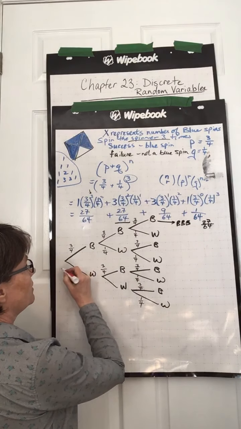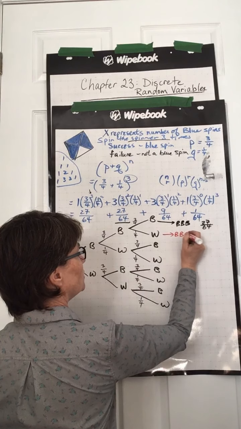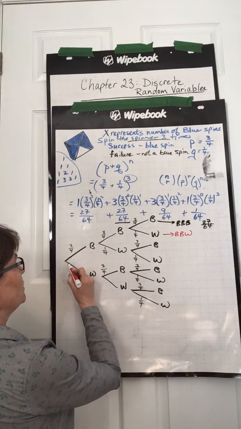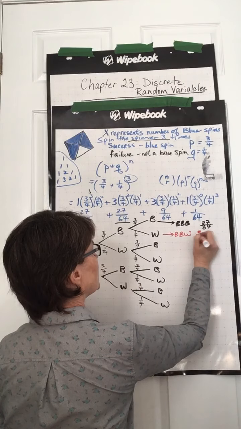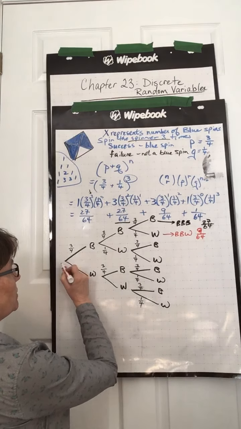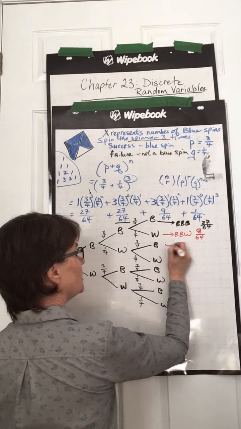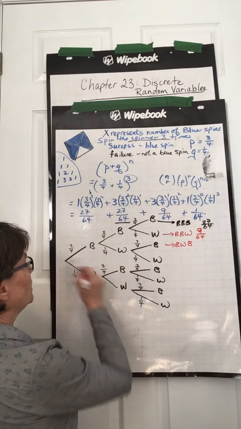Here we have, in this pathway, blue, blue, white. The probability of that happening is 3/4 times 3/4 times 1/4. So that's 9/64. Okay, in this next path, blue, white, blue. Also 2 blues.